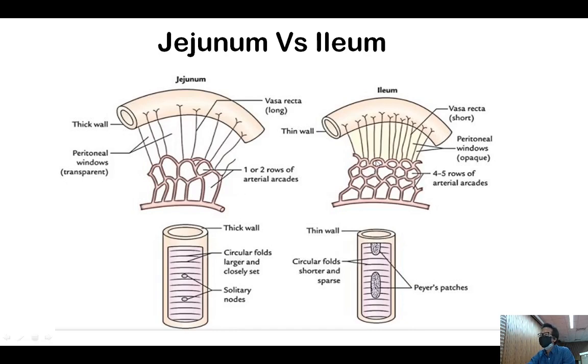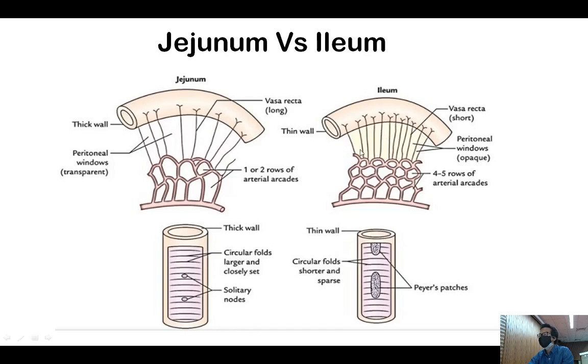And again, you have the peritoneum. This peritoneum is transparent around the jejunum. Around the ileum, which is towards the end of the small intestine, it is opaque. And the vasa recta, the thin straight arteries, are called the vasa recta.